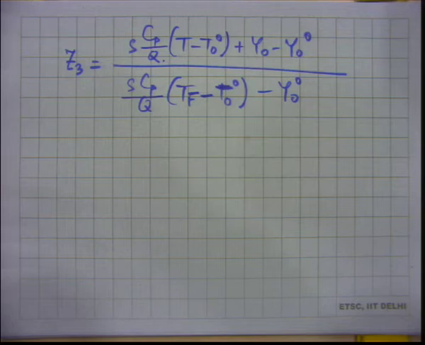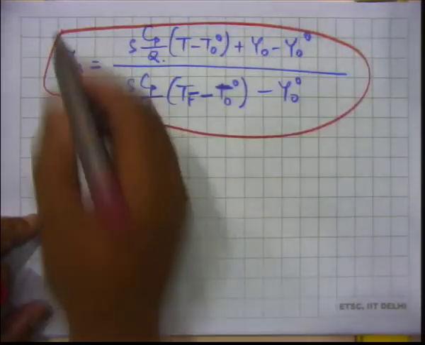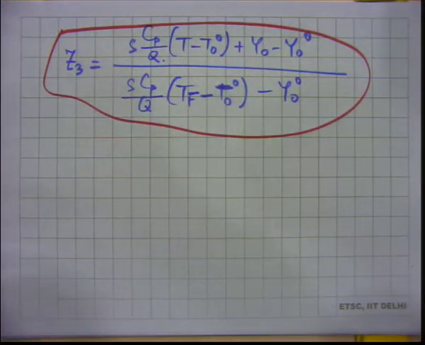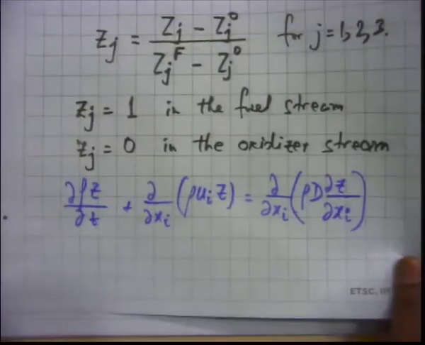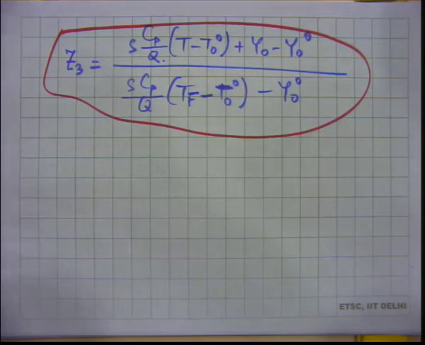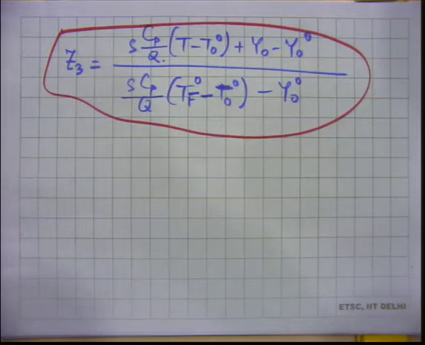So we have Z1, Z2, Z3 now. Z1 and Z2 were on the previous page, and we have Z3 here, but all of them are governed by the same equation, isn't it? The denominator will be Tf naught, that is correct.